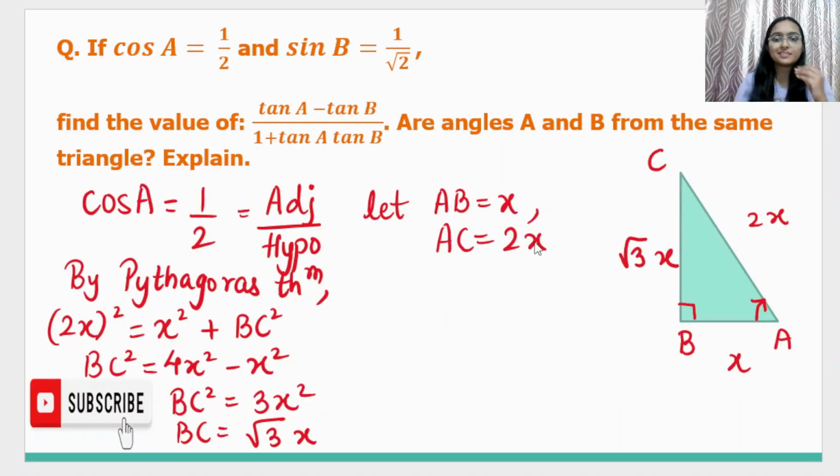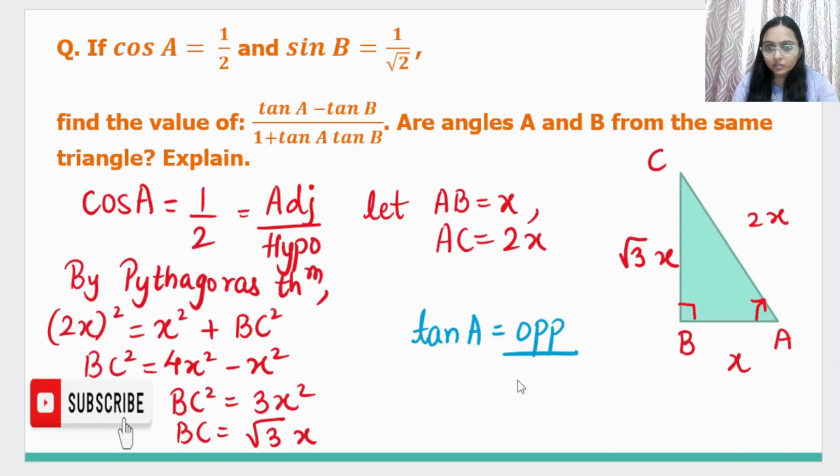Now if we see sin B, it is 1 upon root 2, but here we did not get any side with the term root 2. So of course angle A and angle B will be from different triangles. Okay, now as we got BC, let's find out tan A. We know tan A is opposite side upon adjacent side.